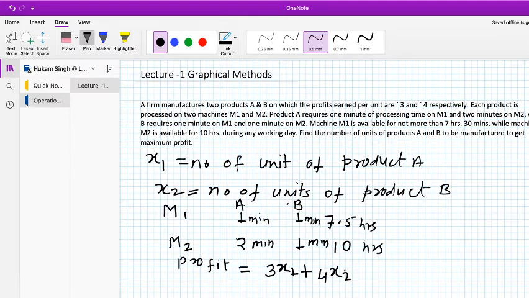So the total profit is 3x1 plus 4x2, and our objective is to maximize it.